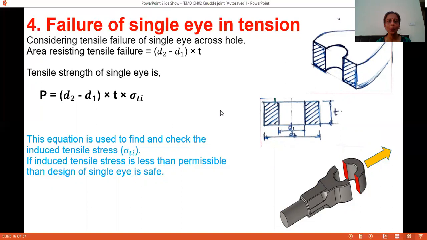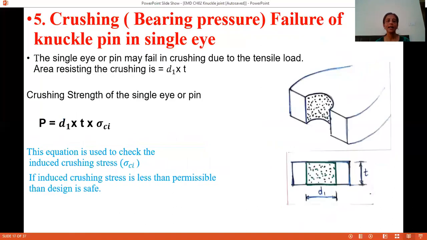And the strength equation T is equal to d2 minus d1 into t into sigma t induced. From this equation, we can find induced tensile stress, and for safe design of single eye, it should be less than permissible.